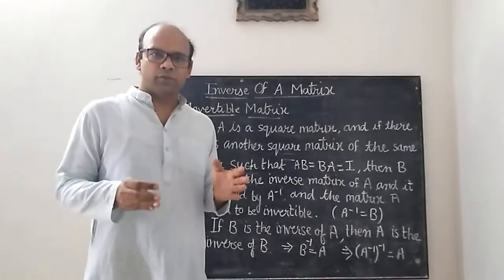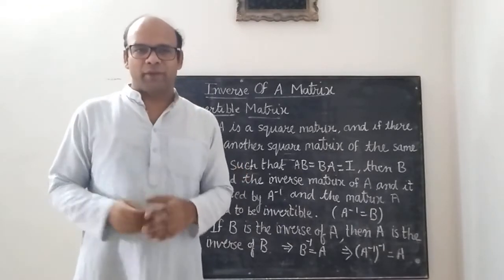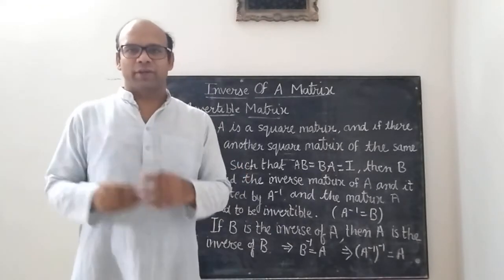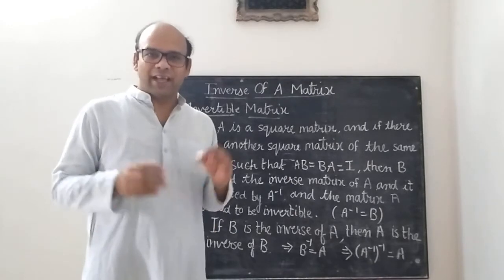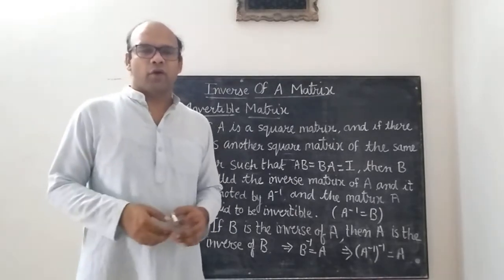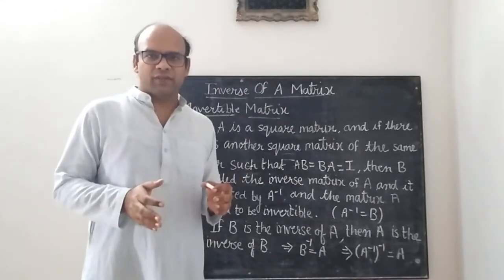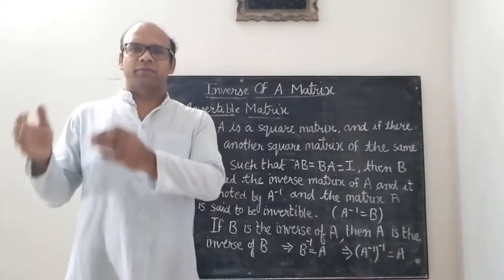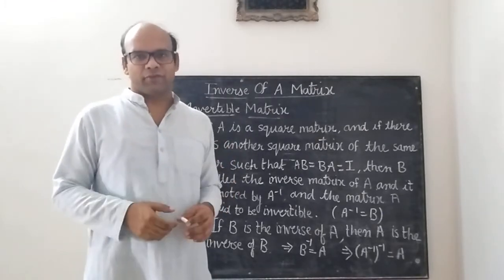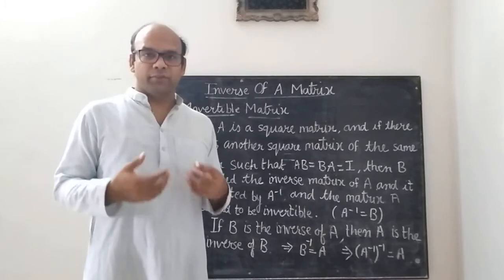We talk about a square matrix to be invertible if there exists another square matrix of the same order such that the product comes out to be an identity matrix. So what does it mean?